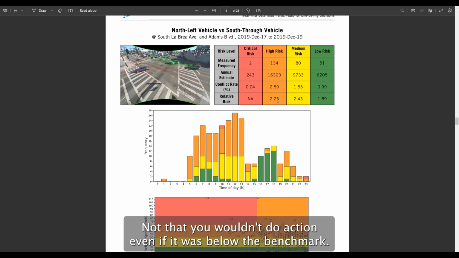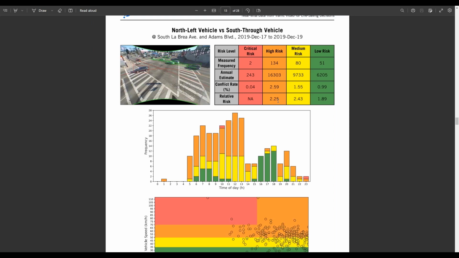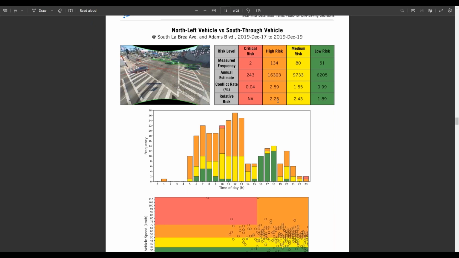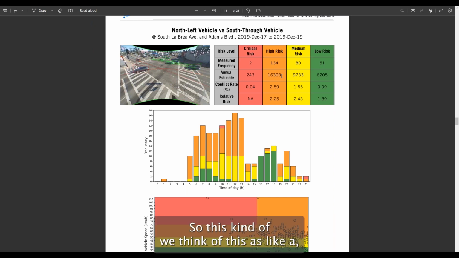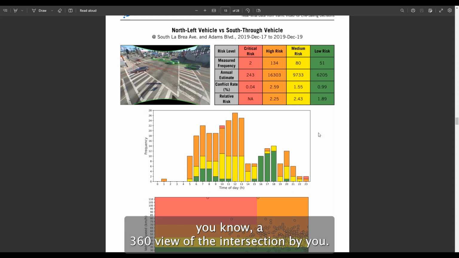Not that you wouldn't take action even if it was below the benchmark. If the rate is significant and the frequency is high, and you can take out that frequency of high risk conflicts, you should do it, even if it's already a bit better than benchmark. So we think of this as a 360 view of the intersection.